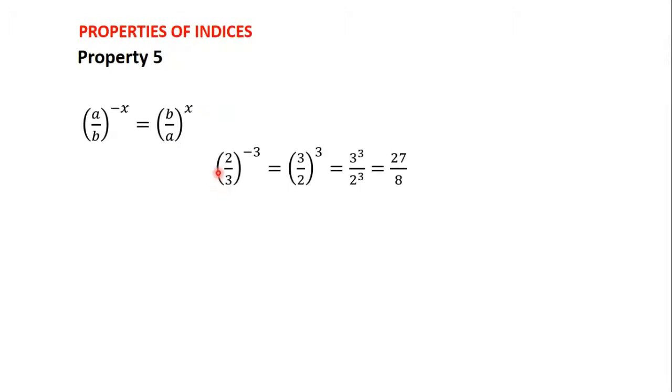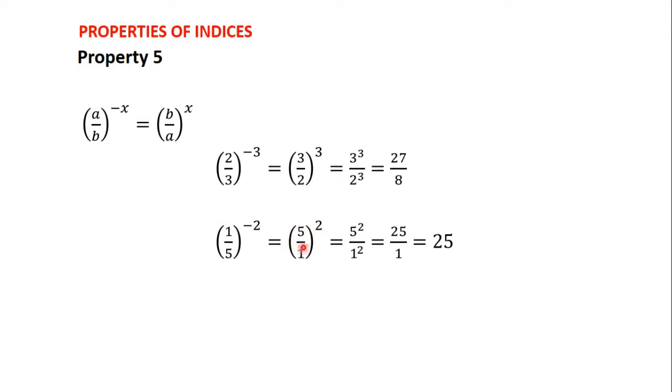Okay, so if you have 2 divided by 3 exponent minus 3, it is equal to 3 divided by 2 exponent 3. This will give us 3 exponent 3 divided by 2 exponent 3, which is 27 divided by 8. In the same way, if you have 1 divided by 5 exponent minus 2, you are going to have 5 divided by 1 exponent 2.